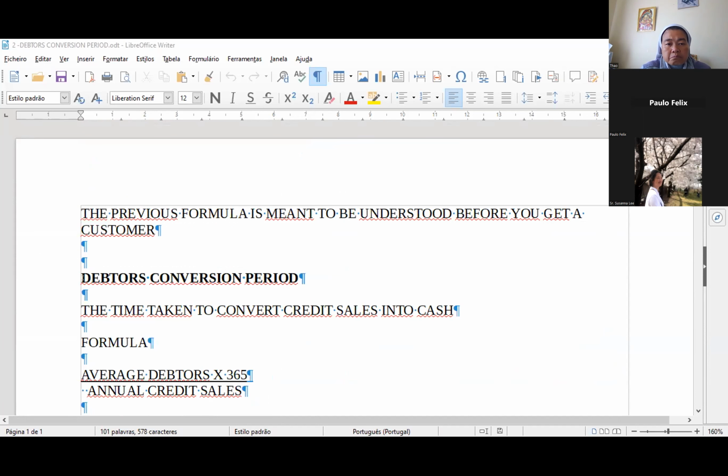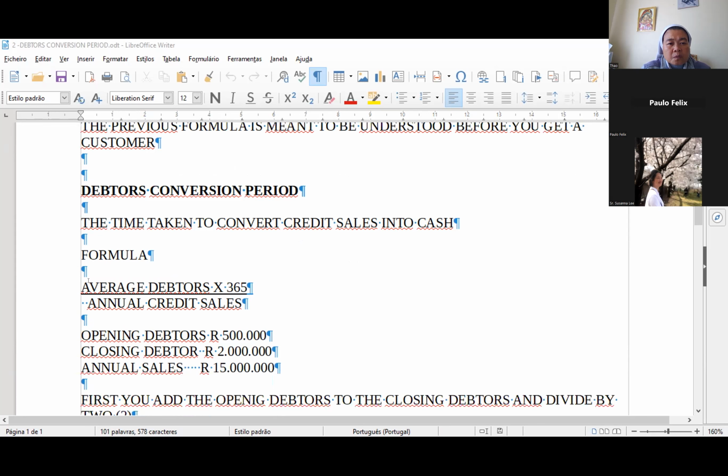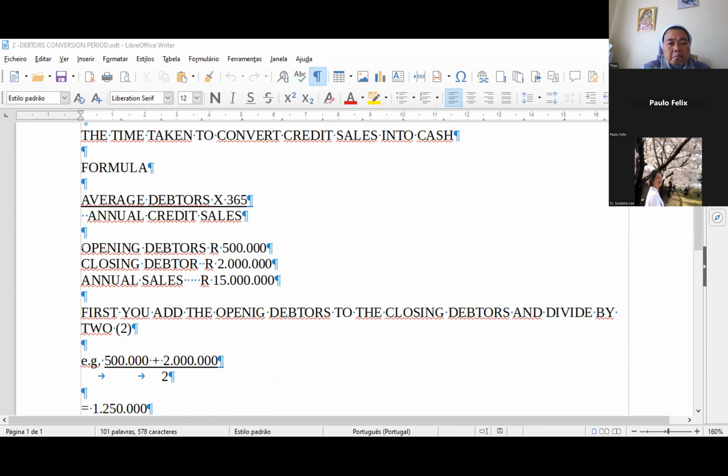In the case of the debtors conversion period, the time taken to convert credit sales into cash, the formula is average debtors times 365 days divided by annual credit sales. Suppose you have opening debtors of 500,000 and closing debtors of 2 million, and annual sales of 15 million.